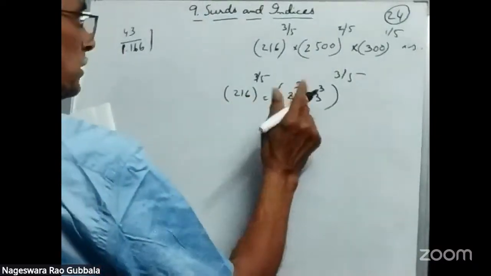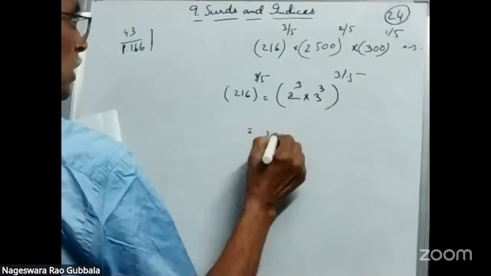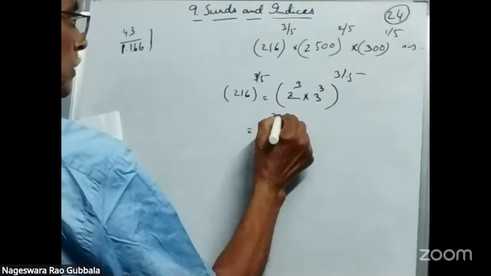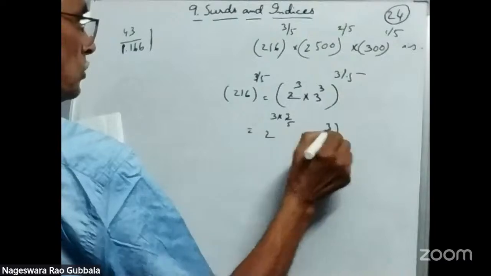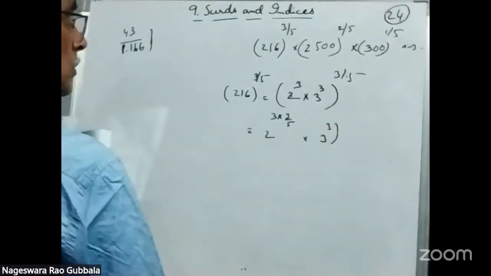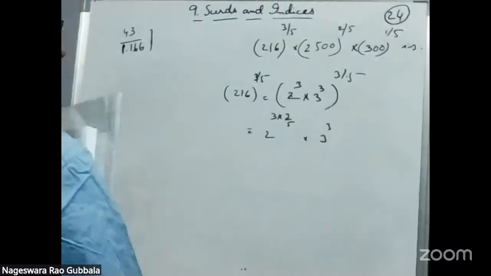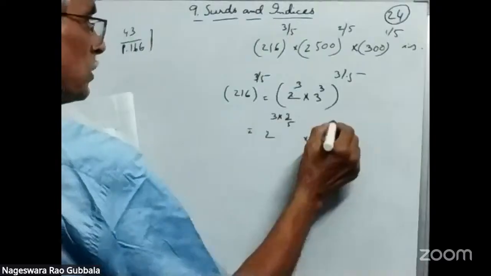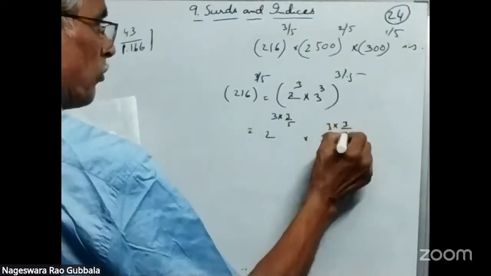So you can split and apply the power for both: 2 to the power of 3 into 3 by 5 into 3 to the power of 3 into 3 by 5. A bracket is necessary here; to reduce the steps, directly you can apply it.